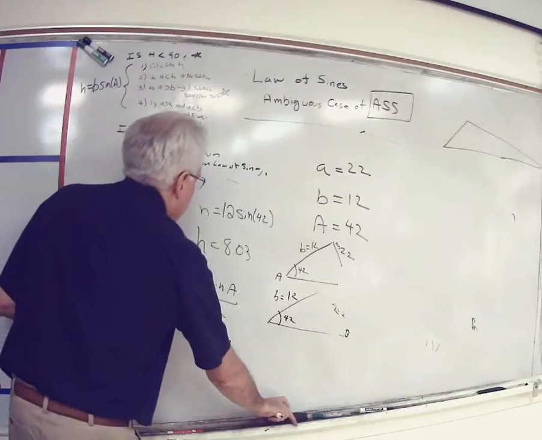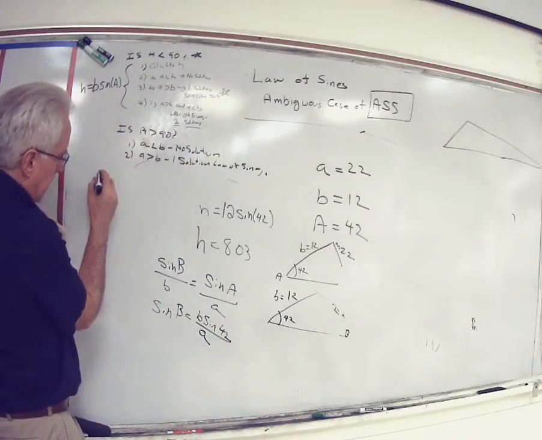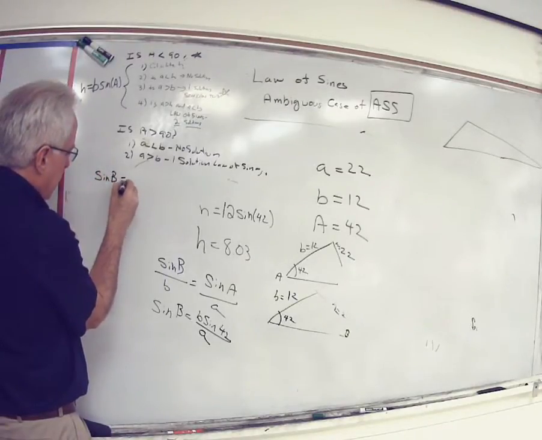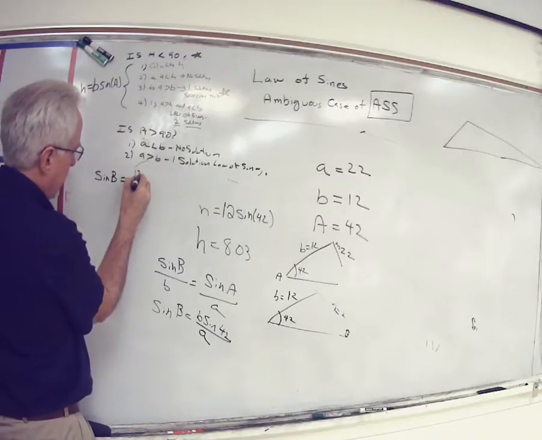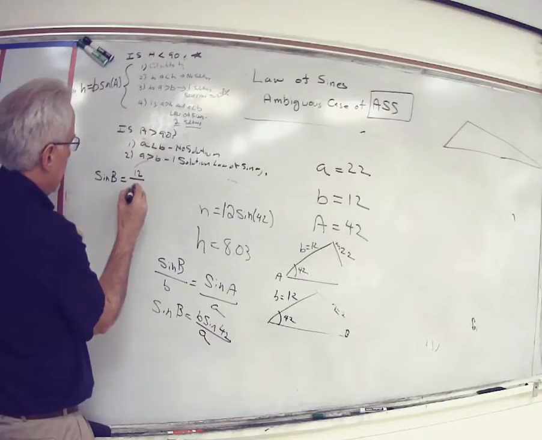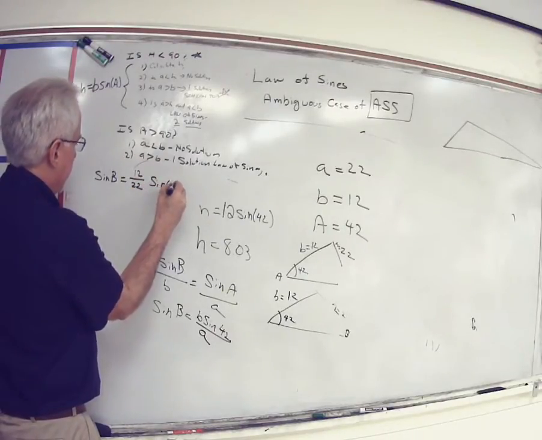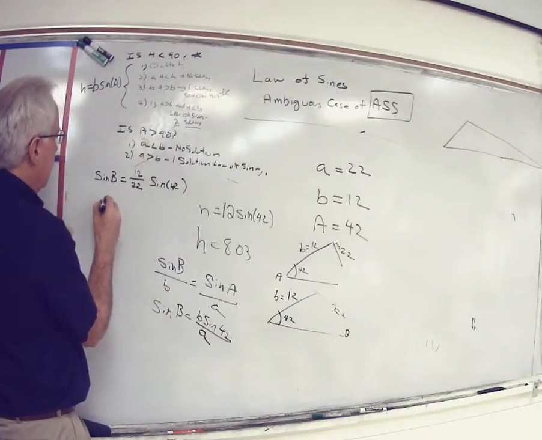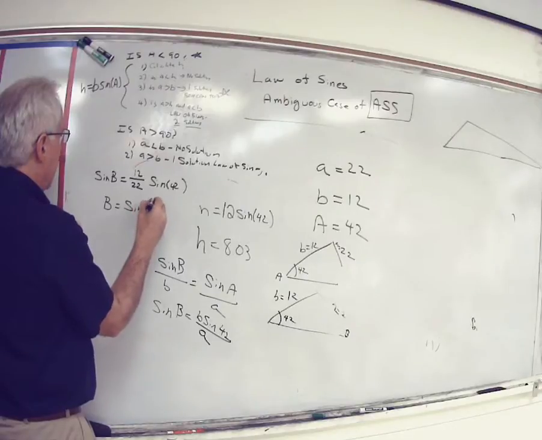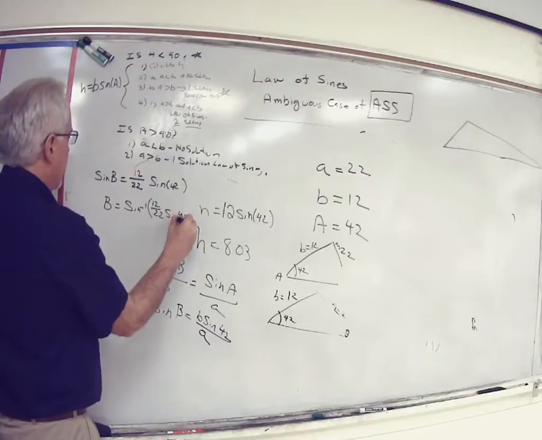So sine of B is equal to, what's b? 12 over, what's a? a is 22, times sine of 42. And then how do I get B? B is equal to sine inverse of 12 over 22 times sine of 42.